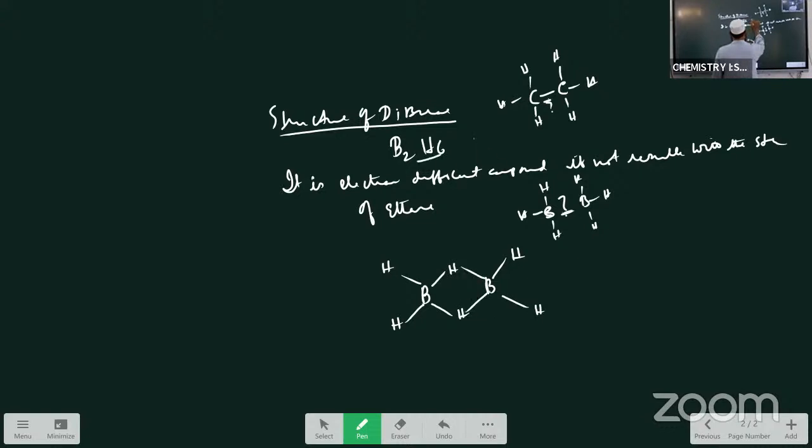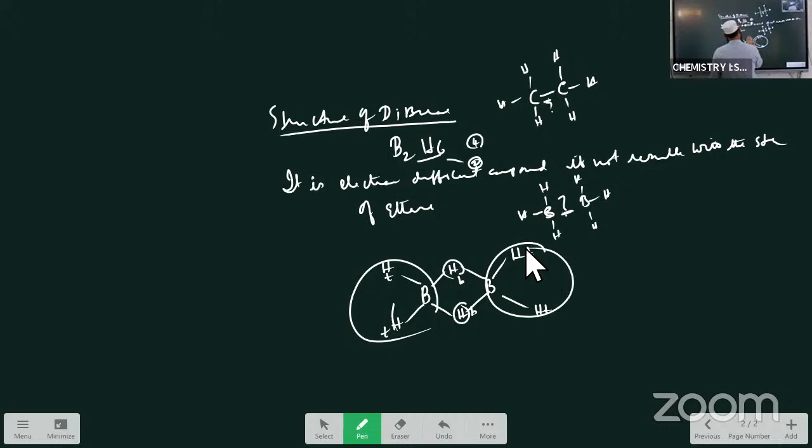In B2H6, 4 hydrogens are of one group, called terminal hydrogens. The 2 remaining hydrogens are called bridging hydrogens. The BH2 groups are present in one plane and the bridging hydrogens are present one above the plane and the second one below the plane. This is about the spectral study.